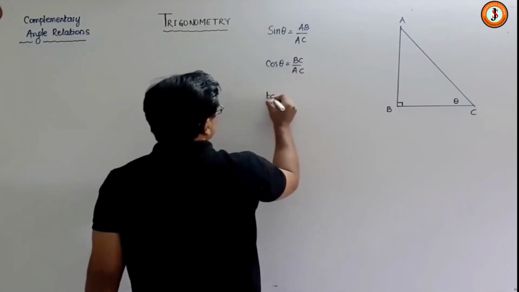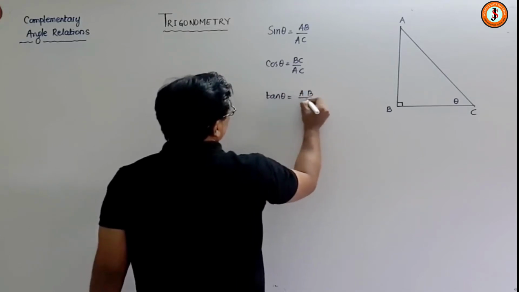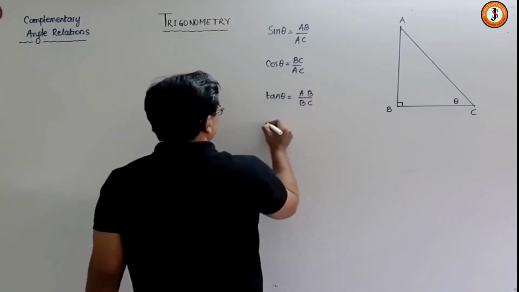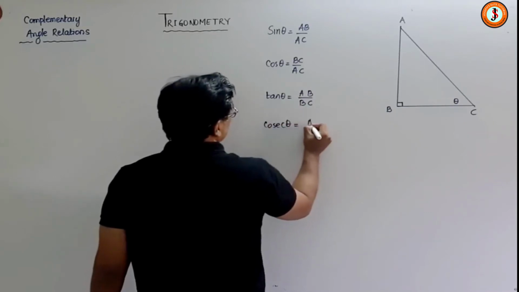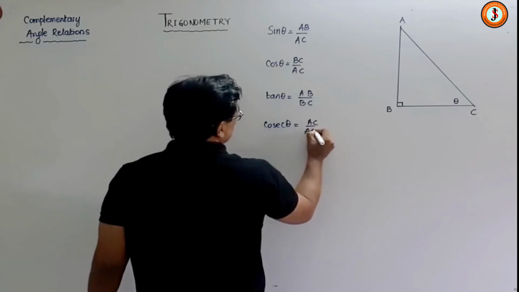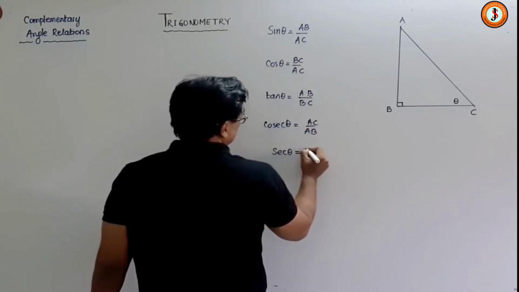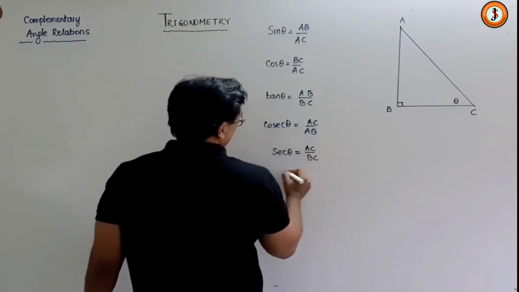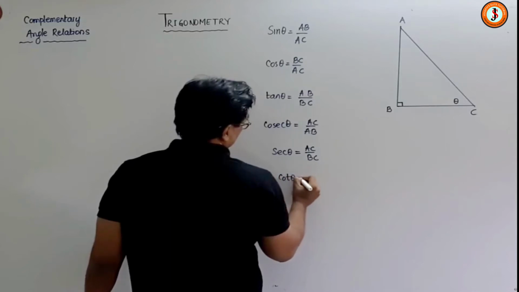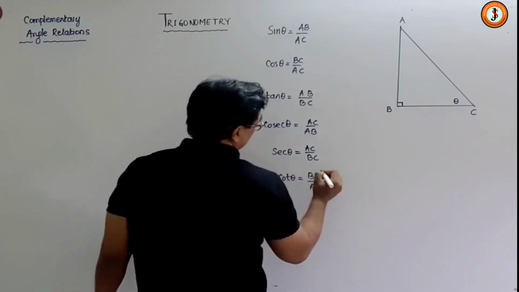Then tan theta is equal to opposite by adjacent. Cosec theta, now easily we can write, hypotenuse by opposite. Sec theta will become hypotenuse by adjacent, and cot theta will become adjacent by opposite, isn't it?